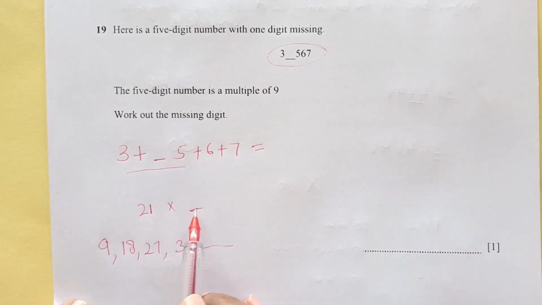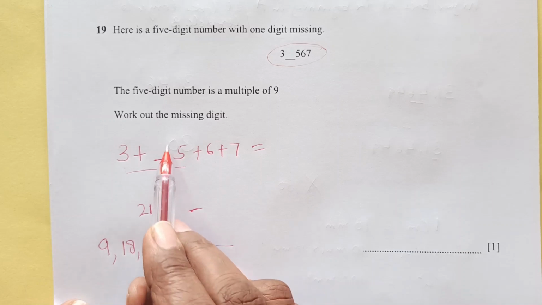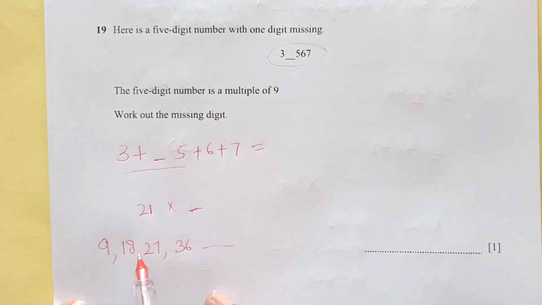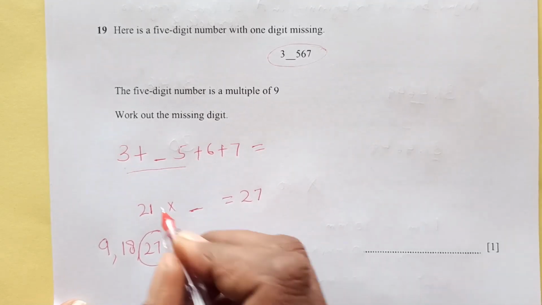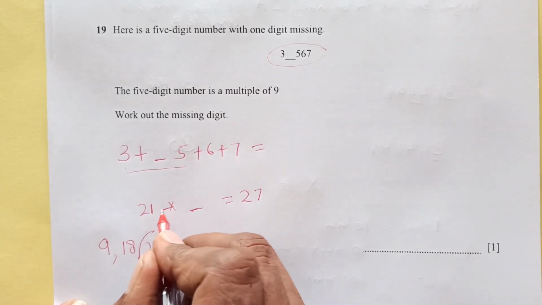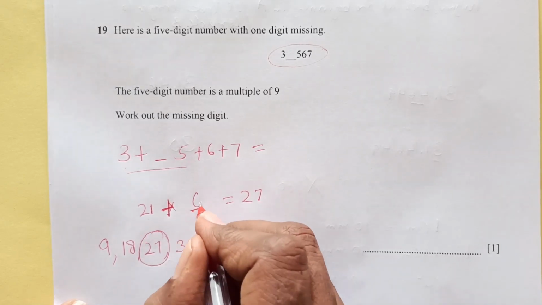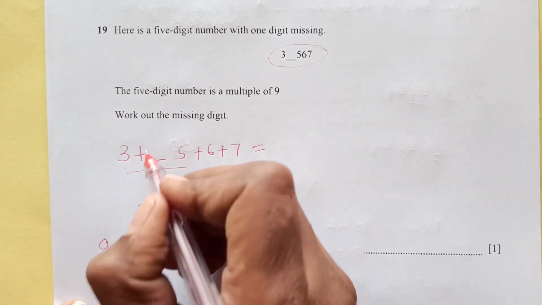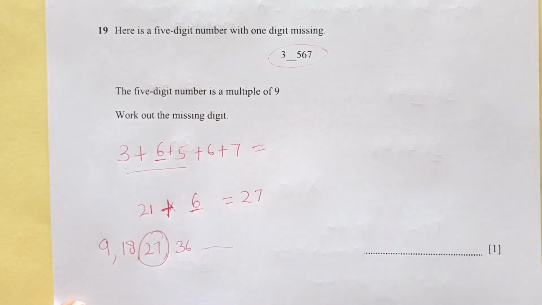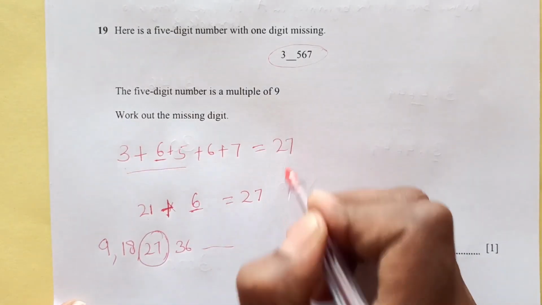We need something bigger than 21, which is 27. To make it 27 we need to add 6 here.